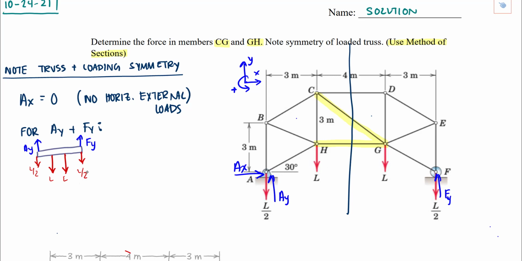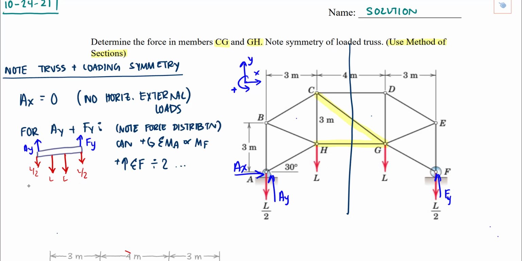But it's safe for us to say that, and I'll put this here, so can take moment about A or MF. You can even sum the forces and then divide that by 2 because it's the same. Note force distribution.